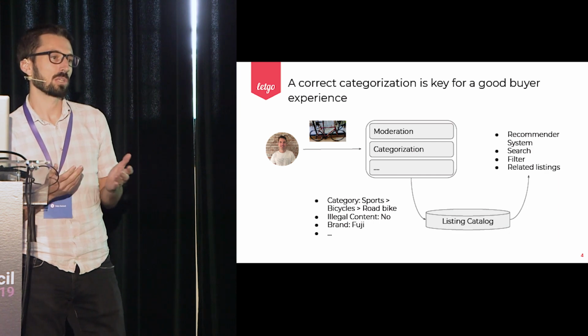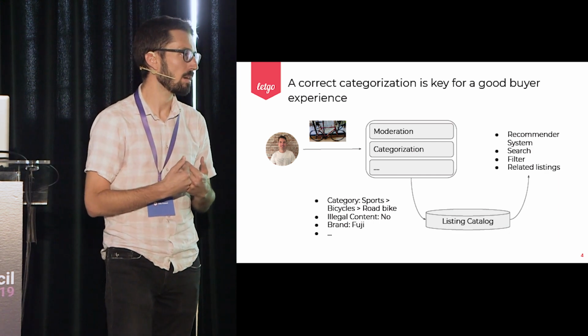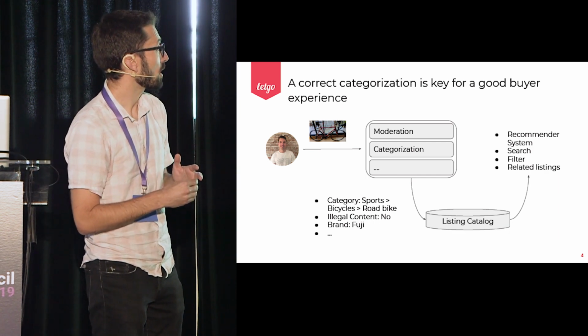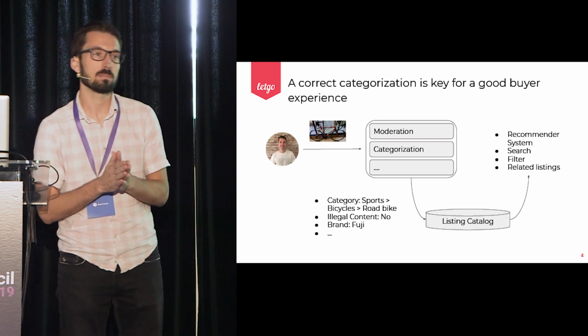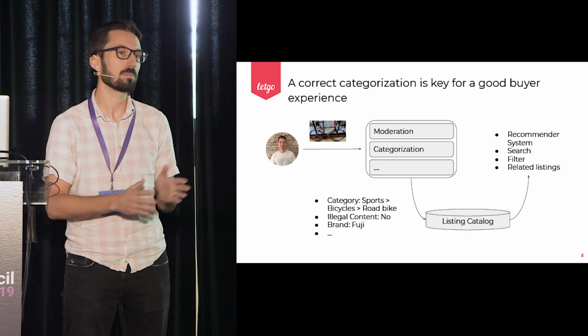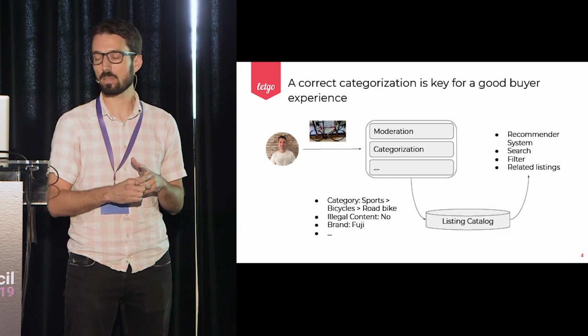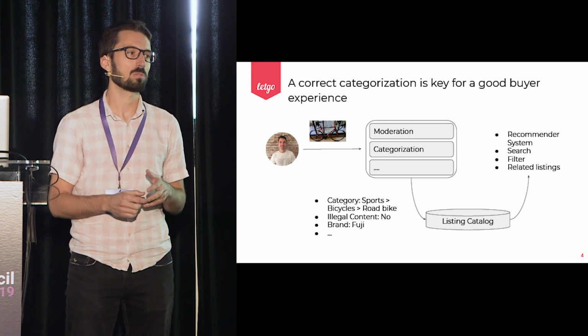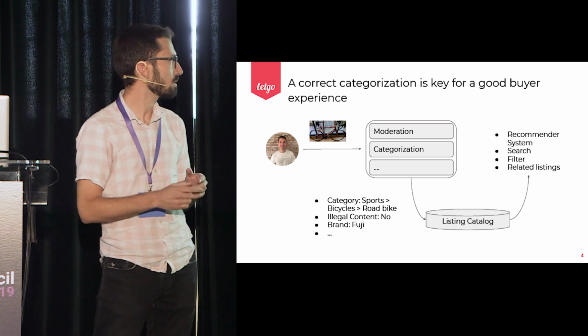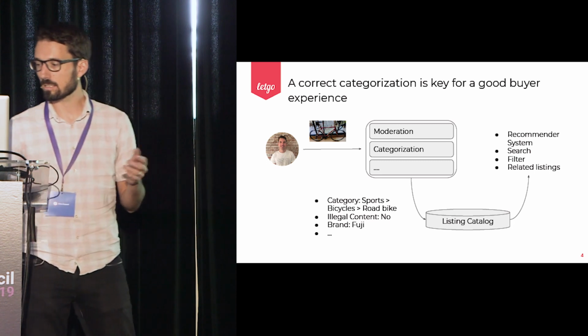One of these processes is moderation, so making sure that the content is appropriate. Another one of the processes is categorization, so categorizing that listing into one of the many categories that our buyers search for. Once the listing is in the catalog, then it gets exposed to our buyers through recommender system, search, filter, related listings, etc.